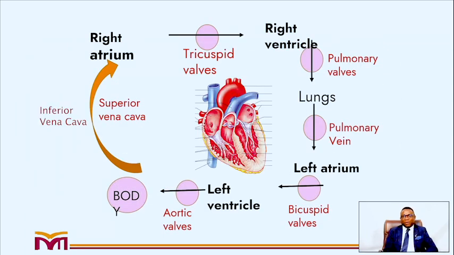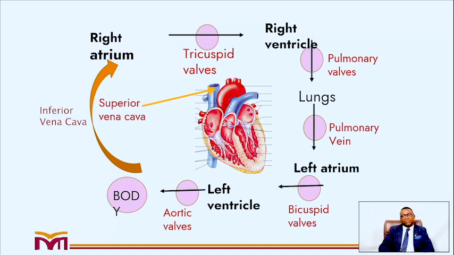Alright, so this summarizes the blood flow. Here we have the body. Deoxygenated blood from the lower extremity is carried to the right atrium via the inferior vena cava, and if it is from the upper extremity, it is carried to the right atrium via the superior vena cava. The tricuspid valve opens and blood from the right atrium is emptied into the right ventricle.